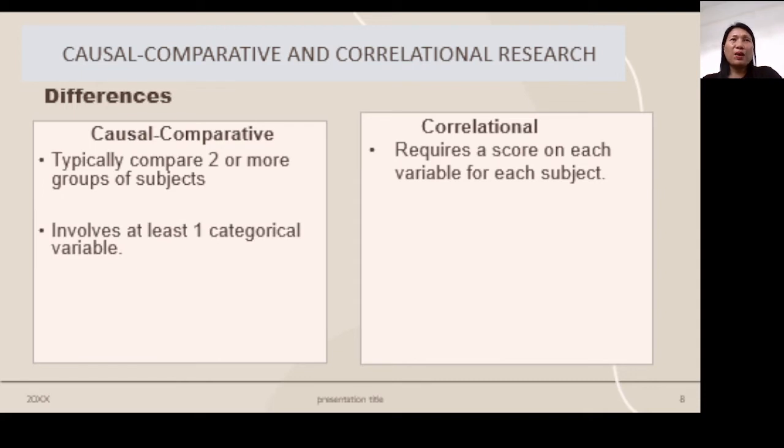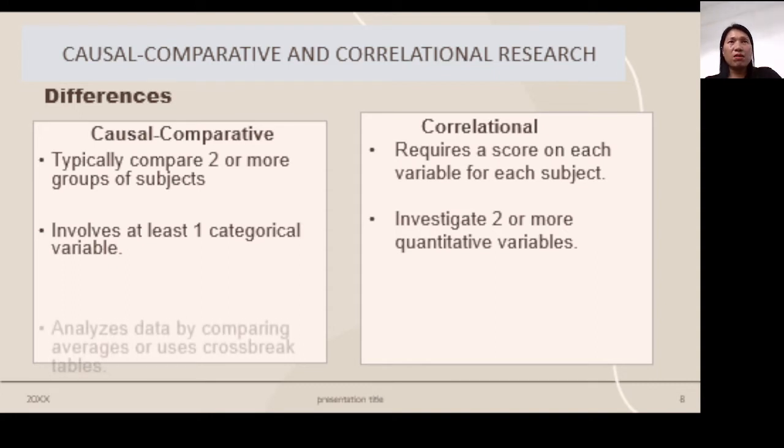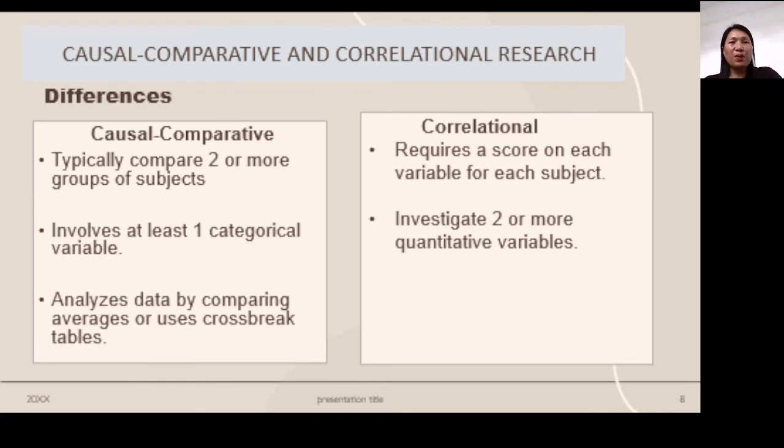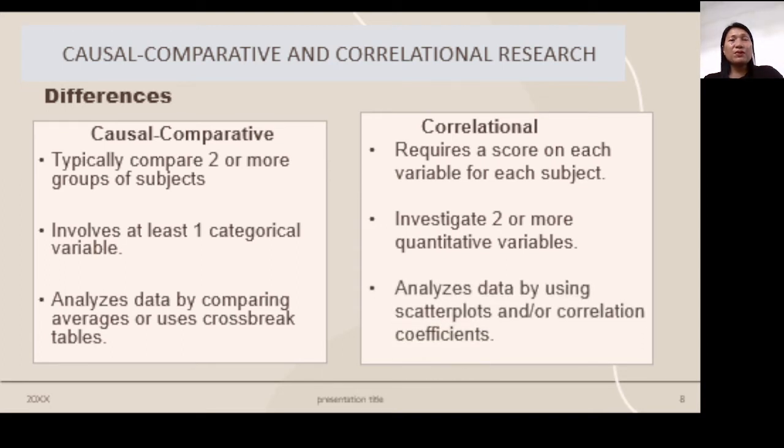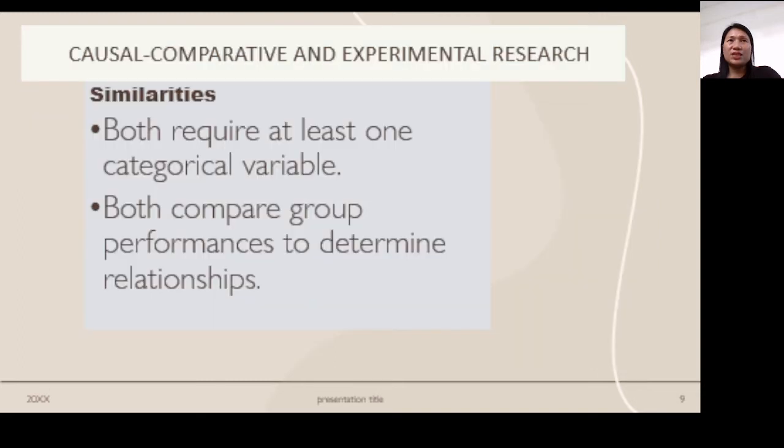Then, causal comparative research involves at least one categorical variable, while correlational research investigates two or more quantitative variables. And in causal comparative research, the data are analyzed by comparing averages or using cross-break tables, while in correlational research, as was discussed last time, scatter plots and correlation coefficients are used.